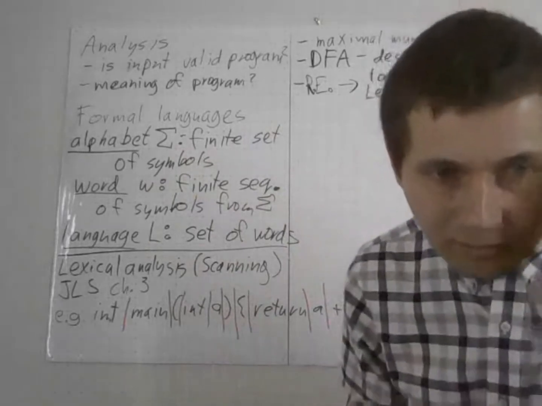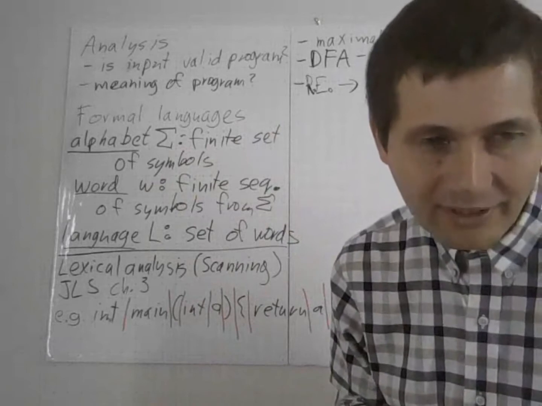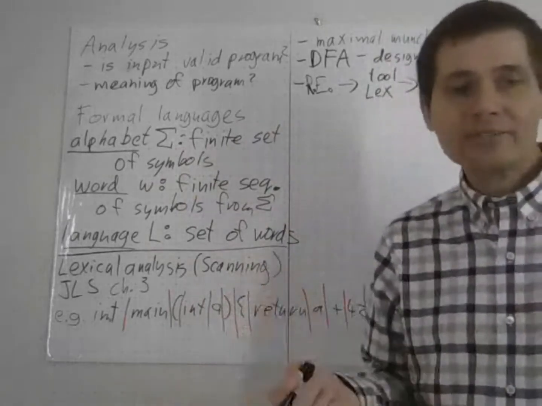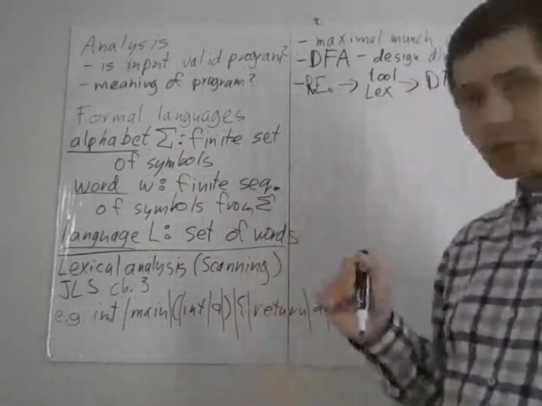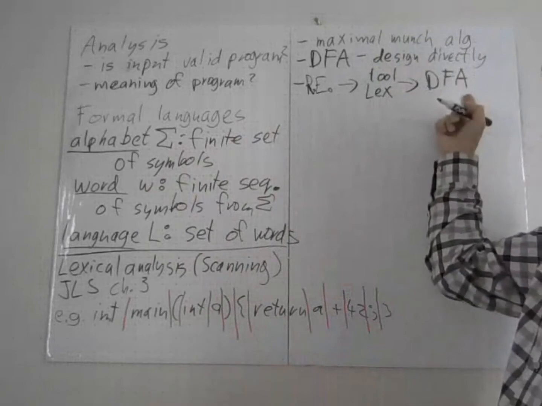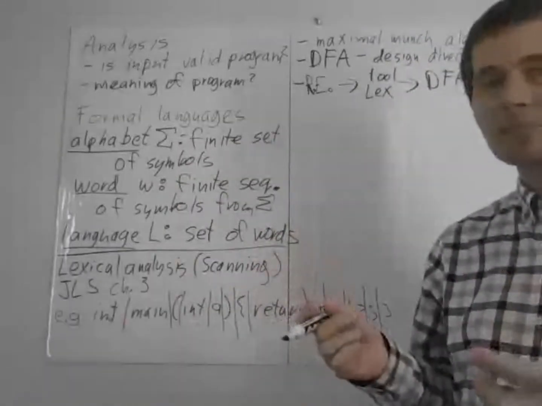So what do production compilers typically do, considering things like speed and error handling? It's a split. Some compilers will use a tool. One of the nice things about DFAs is that scanning with a DFA is very fast.